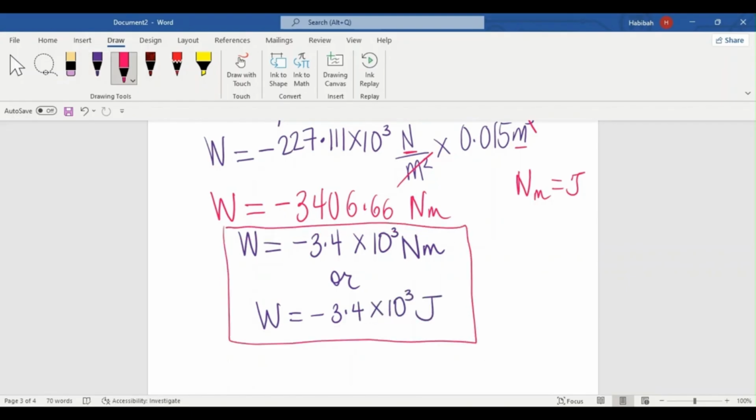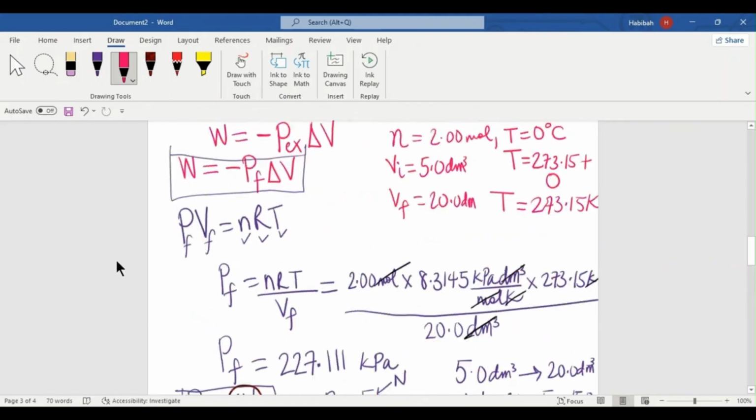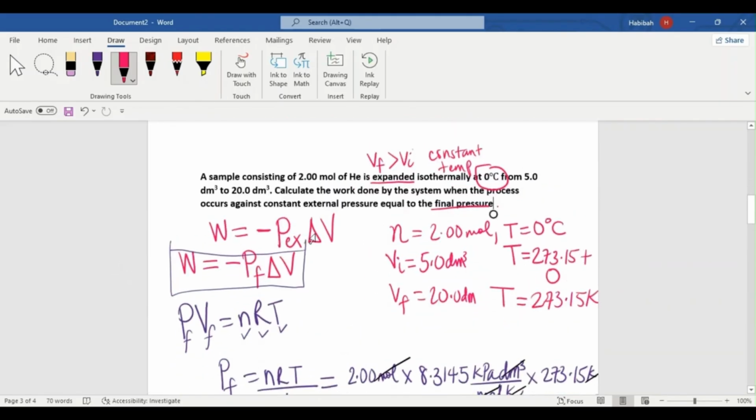If you're wondering why the negative is in front of this particular work, it is because the work is done by the system. So the expansion process is being done by the system. Hence, what is going to happen is that it's going to be losing energy. So for example, the energy that you have before you maybe clean your room or before you do a task is going to be more than the energy after you do a task.